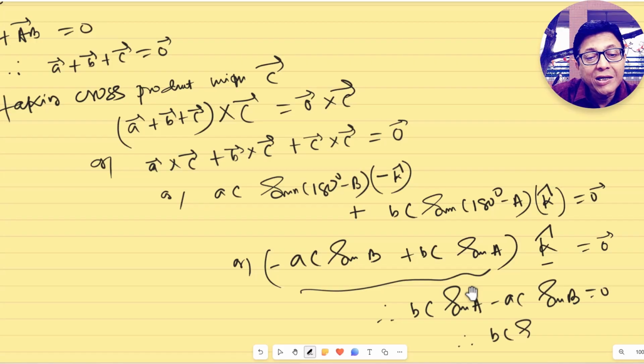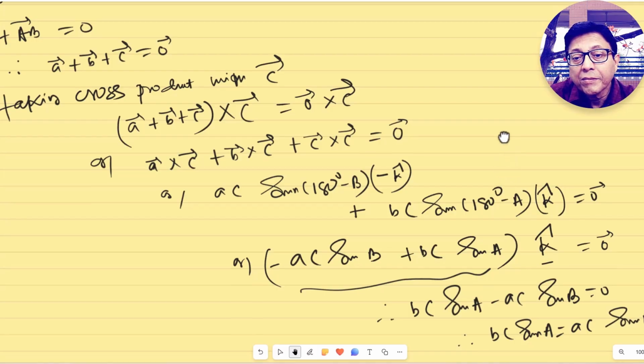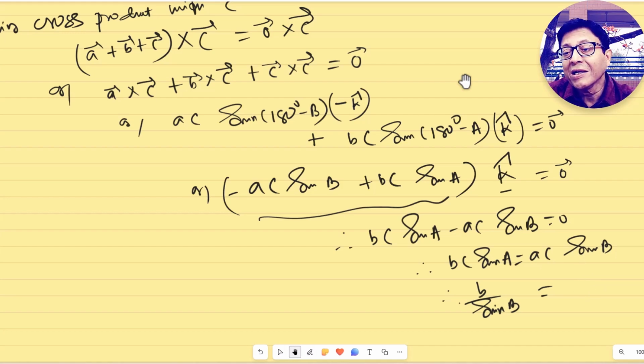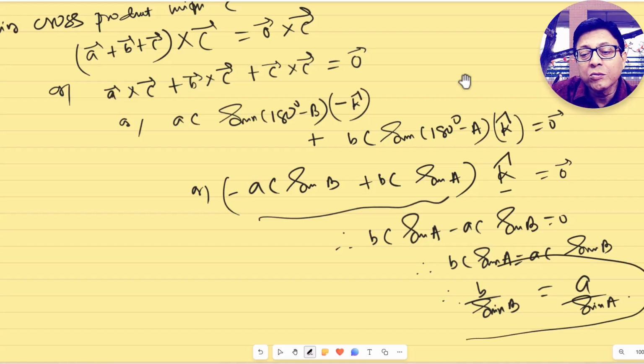So this implies AC sin B minus plus BC sin A into K cap. This is zero vector always. Okay, it will be a zero vector. So zero vector means the coefficient will be 0.